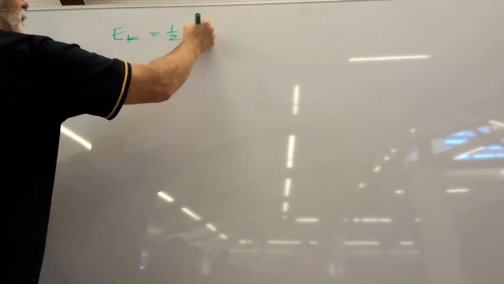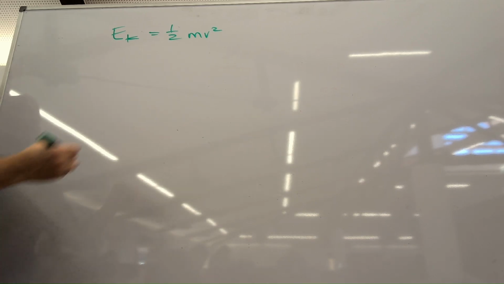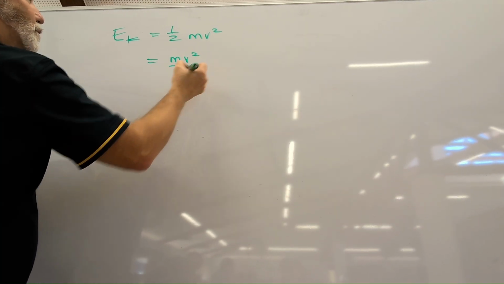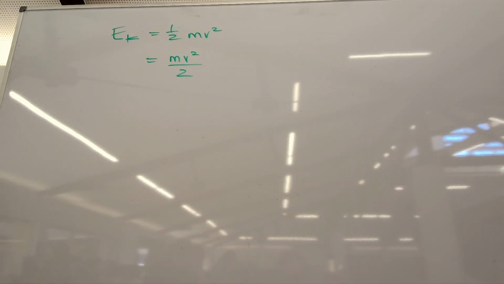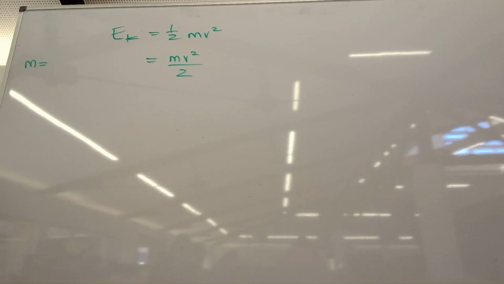Right. EK, which is kinetic energy, equals a half mv squared. Another way to write that, which means exactly the same thing, is mv squared divided by 2. It's a little m, not a big M, and the little m means mass.